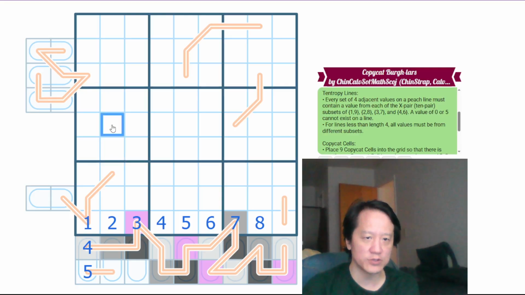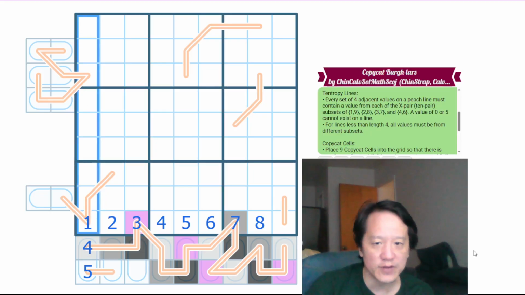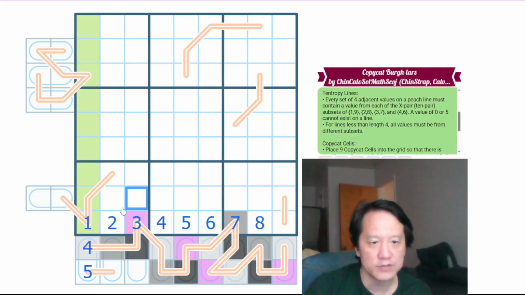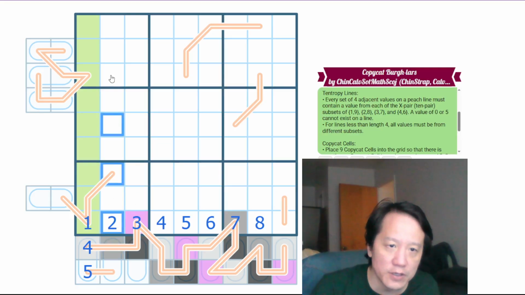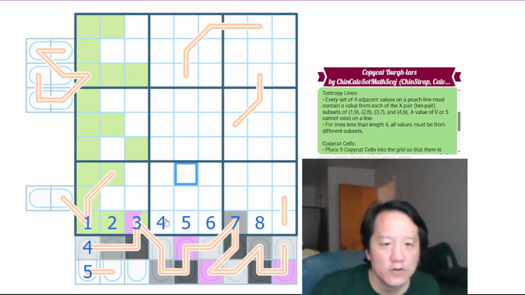So 1 is basically the sum of everything. So it will count all of these. 2 is going to be these digits. 3 is going to be every third digit. 4, 1, 2, 3, 4, 1, 2, 3, 4. 5 is every 1, 2, 3, 4, 5, and then that's it.